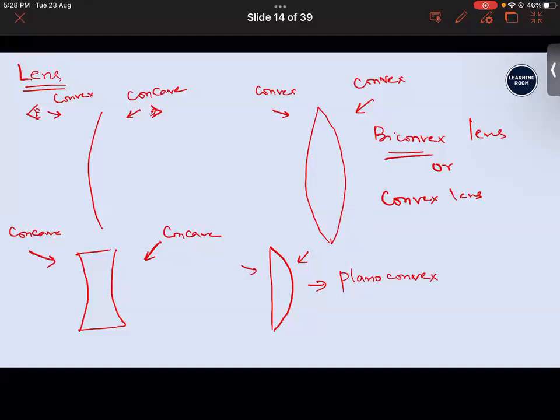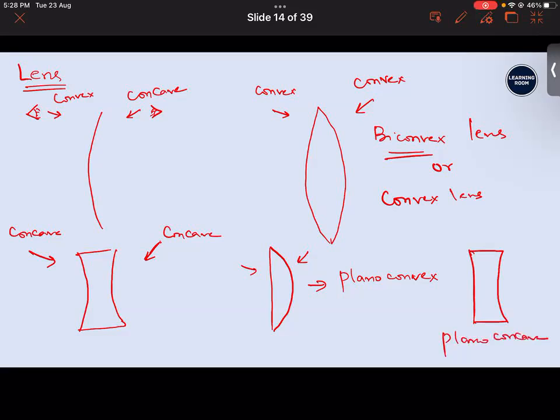Clear? Similarly, if I have a surface like this, you call it a plano concave. Right.